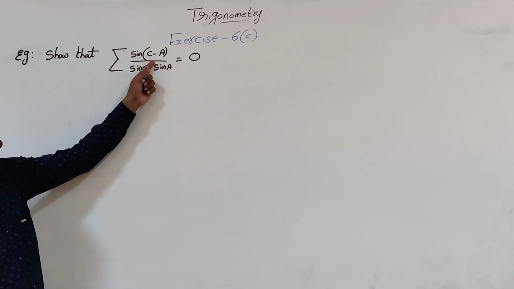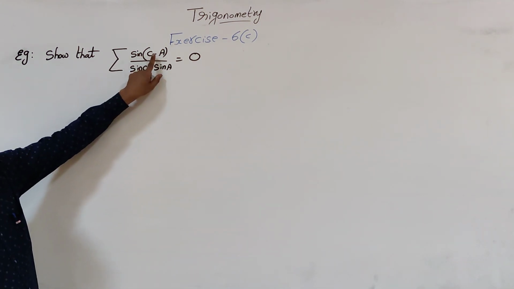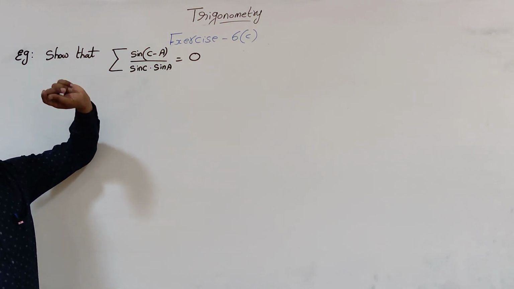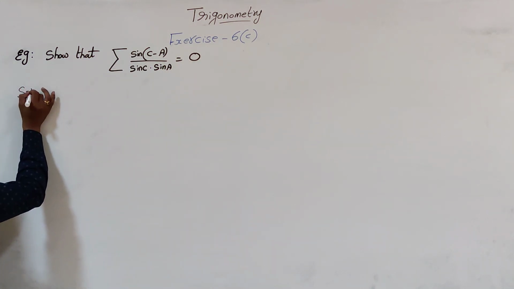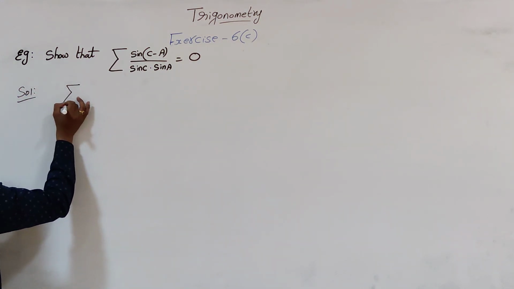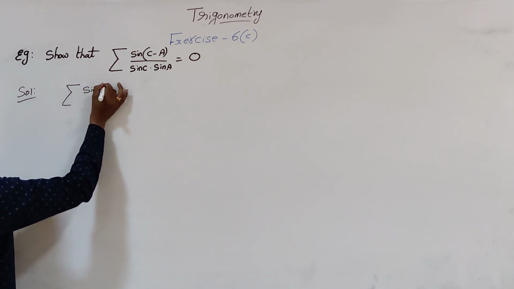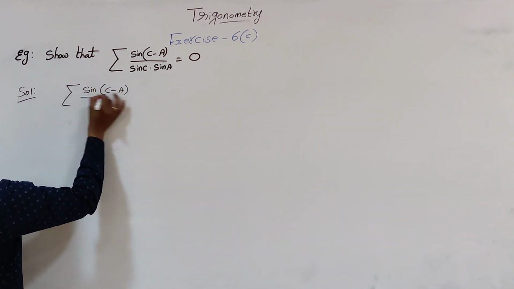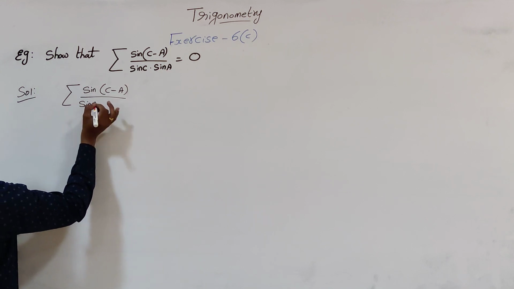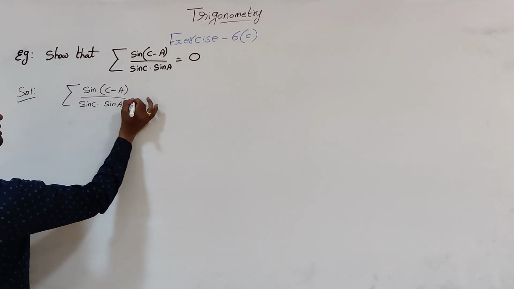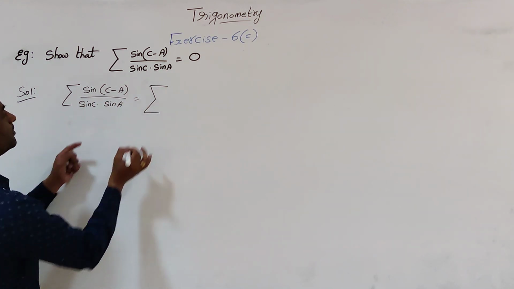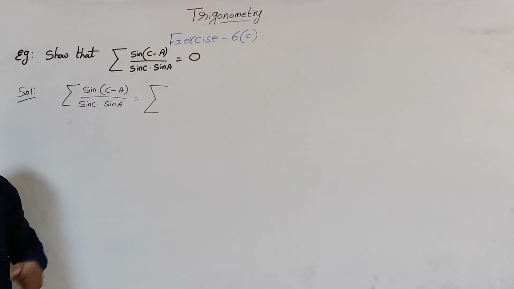First, we will simplify these values. In what form is it? Sine of a minus b. Solution: summation, sine of c minus a by sine c into sine a. If we expand the numerator, it is in what form? Sine of a minus b.